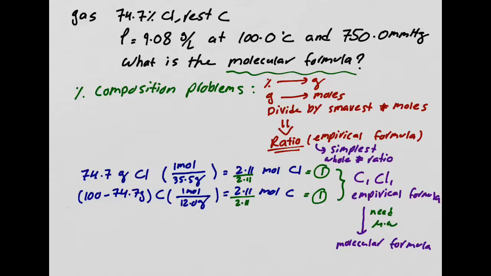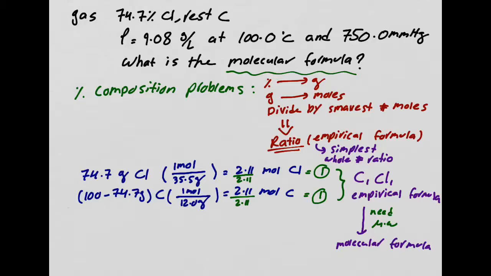I'm going slow right now to make sure that everyone remembers the percent elemental composition. We had the percentage of the element. We converted percentage to gram, divided by molecular weight, and got moles. We divided by the smallest number of moles and got a ratio. This ratio was a simplest whole number ratio. This ratio is our empirical formula.